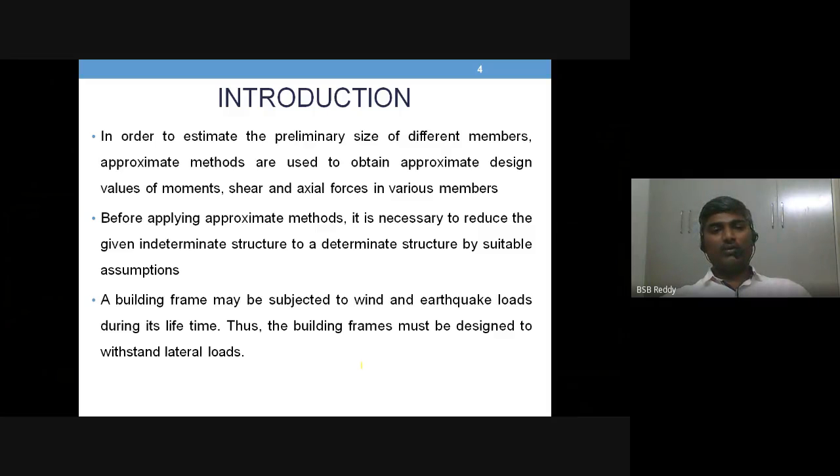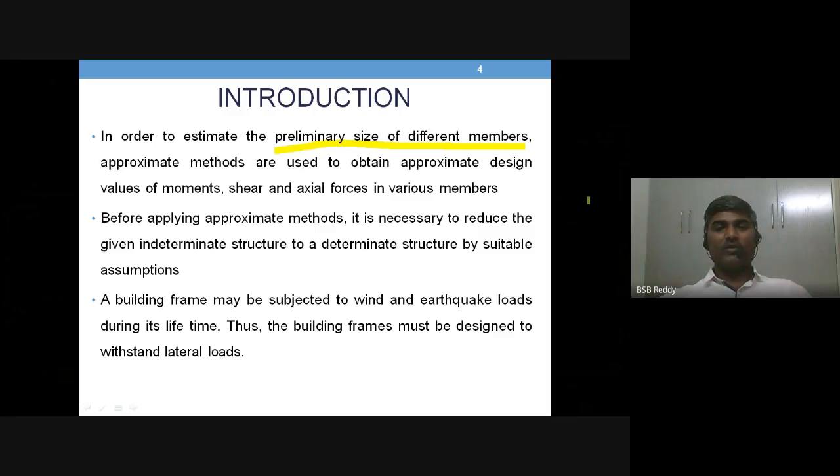In order to estimate the preliminary size of different members, approximate methods are used. Why do you want the preliminary size of different members? You might have used a package like STAAD Pro or any other software.